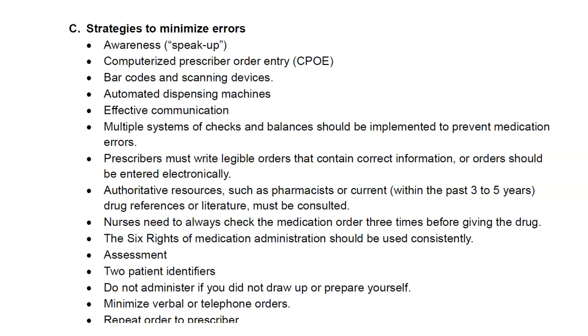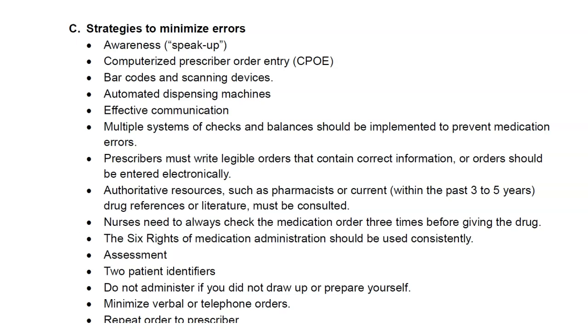Now prescribers must write legible orders that contain correct information, or orders should be entered electronically. And then we have authoritative resources such as pharmacists. Now, most of the hospitals will have a pharmacy even in their unit that you can actually ask. Then you also have drug reference guides, literature, and really we have so many ways to really verify.